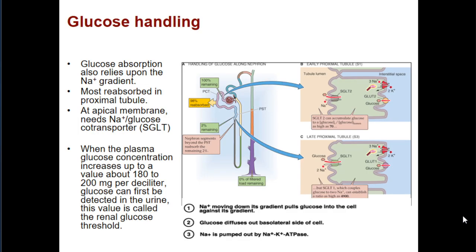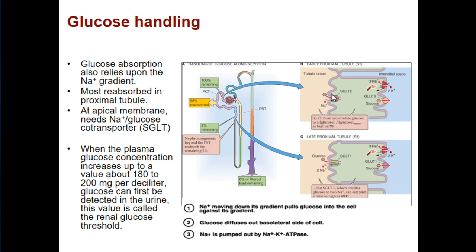Now let's talk about glucose handling or glucose absorption. It also relies upon the sodium gradient, and all of the glucose will be absorbed in the proximal convoluted tubule. At the apical membrane, it requires a carrier protein, which is called sodium glucose cotransporter, or SGLT carrier protein. As you remember, sodium concentration in the cell is quite low, so sodium would like to enter into the cell, but it has to be accompanied by the glucose.